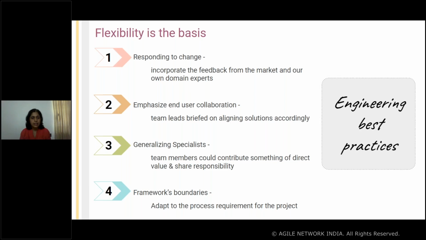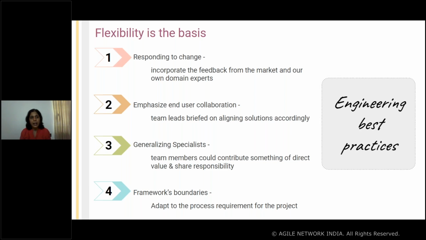Then there are the framework boundaries: adapt to the process requirements for the project. Whatever framework you choose in Agile, make sure that you are adapting the processes based on the requirements of your project.